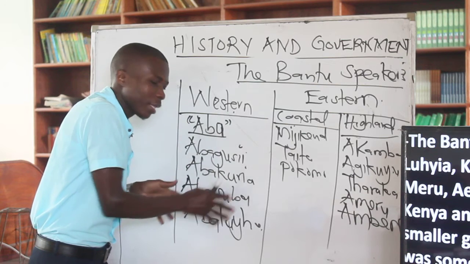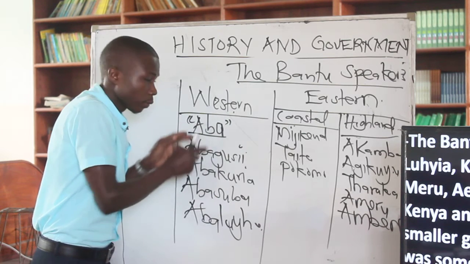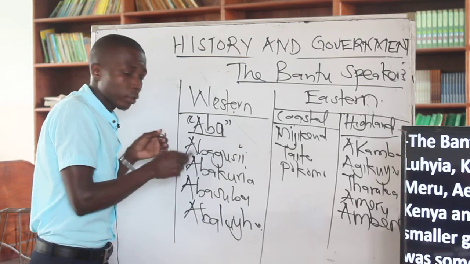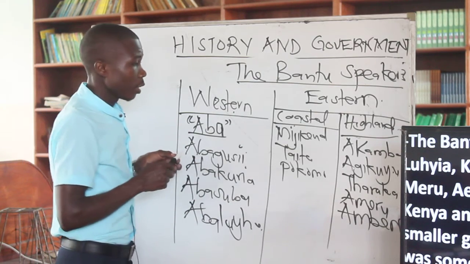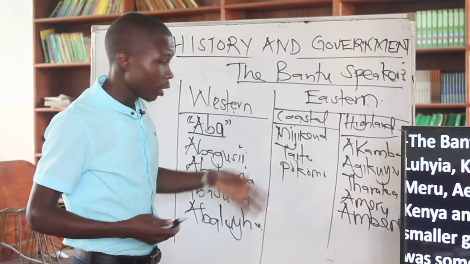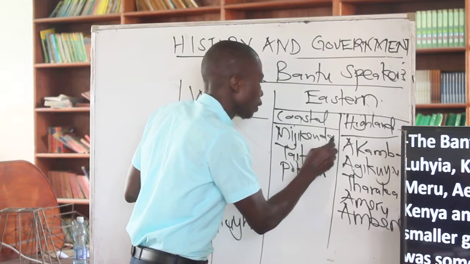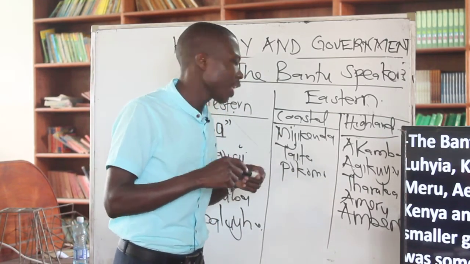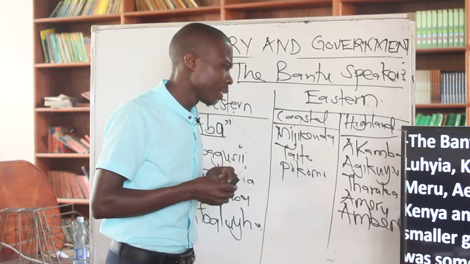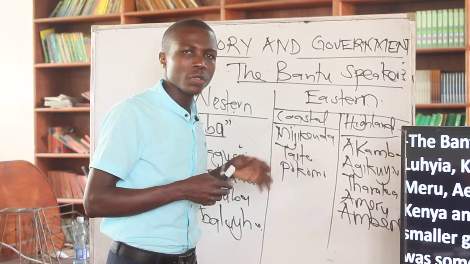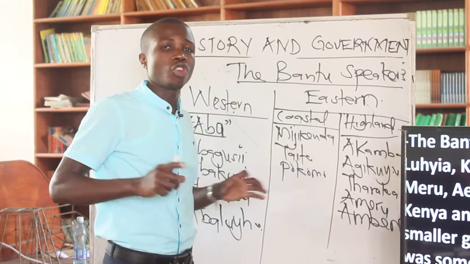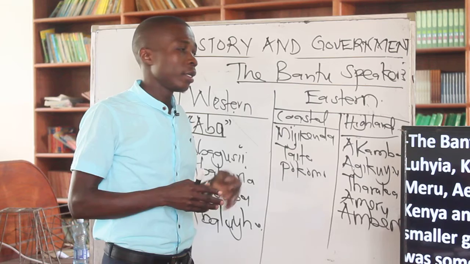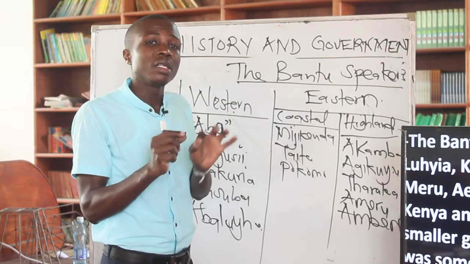Those communities in Kenya that have the word Aba before them: Abagusi, Aba-what, something like that. Then Mijikenda, you know them. Each and every Mijikenda, we have different tribes in Mijikenda. Please do not say Digo, what. Those are under Mijikenda. Mijikenda is nine tribes. Kenda, nine. Mijikenda, Miji tribe.